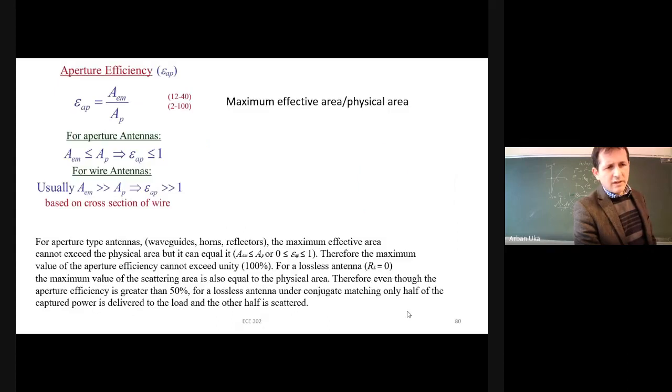We can also determine the aperture efficiency, and the aperture efficiency is given here as the ratio between the maximum effective area divided by the physical area. This also means that the maximum effective area, which is also the aperture, will be equal to the size of the antenna.